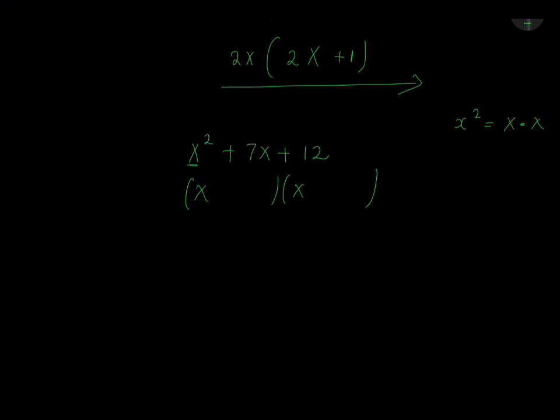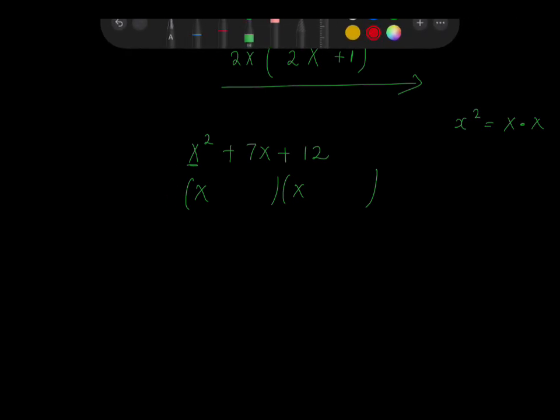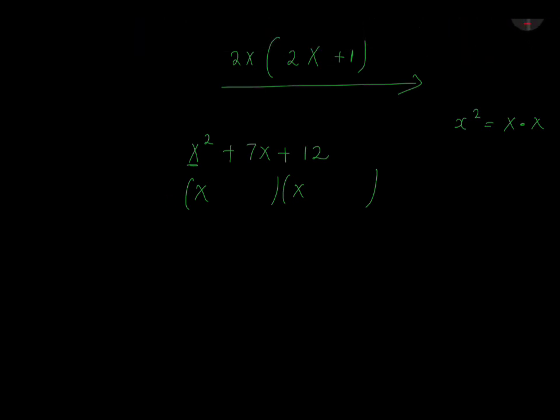And we're gonna look at the other sign of this expression. Notice that we have positive here, and because we have positive here, we must ask ourselves what are possible ways of obtaining positive. One is multiplying a positive number by a positive number, and the other one is multiplying a negative number by a negative number.